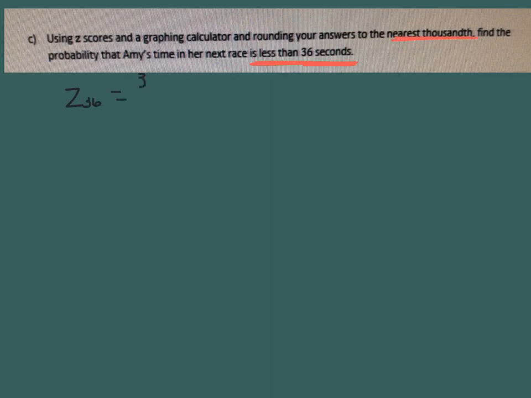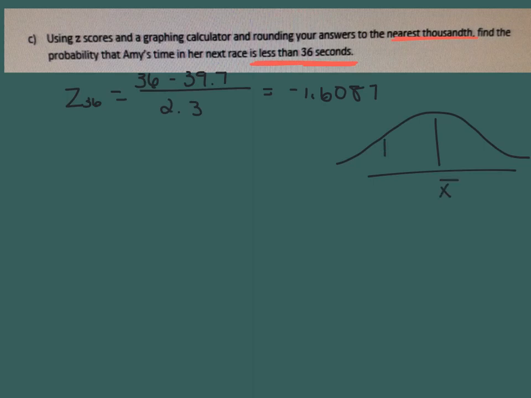We do value minus that same mean, divided by that same standard deviation, and we get negative 1.6087. If you visually think about where this falls on the normal distribution curve, here's our mean. This time of 36 seconds falls approximately 1.6087 standard deviations below the mean.